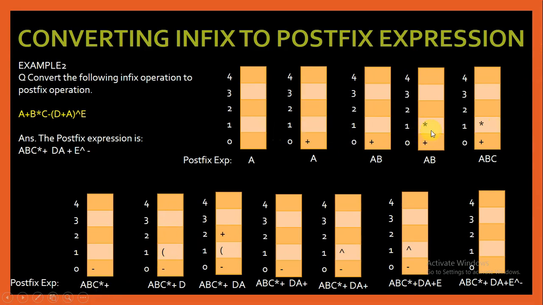Then minus is compared with the topmost element, which is now plus. Plus and minus have the same priority. If they have the same priority, in that case also the operator is popped and added to the postfix expression. Now the stack has become empty, so we will simply push minus into the stack like this.